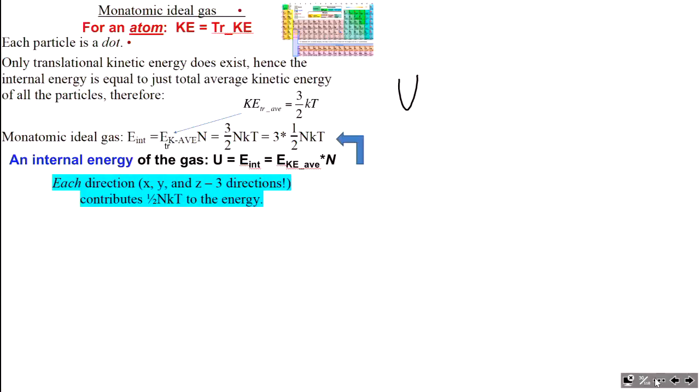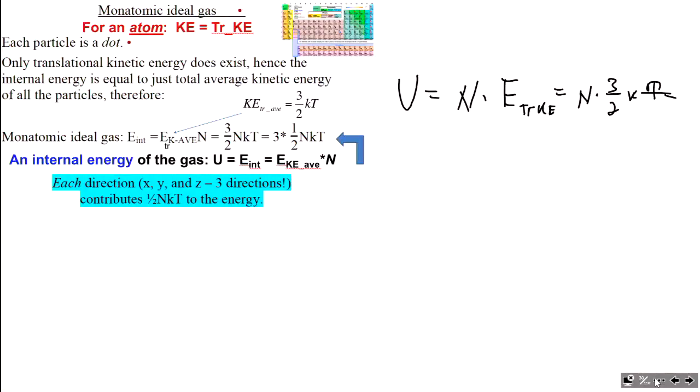Same letter, different meaning. And a definition is the product of the total number of particles, in this case, atoms, times the average value of translational kinetic energy, and according to the definition of absolute temperature, this is how we should relate them.